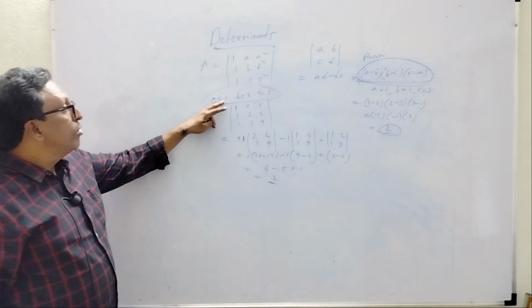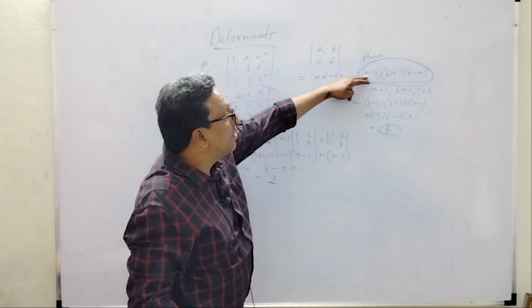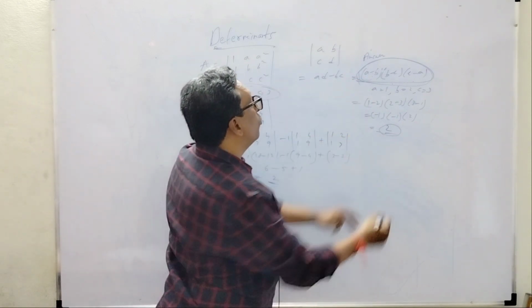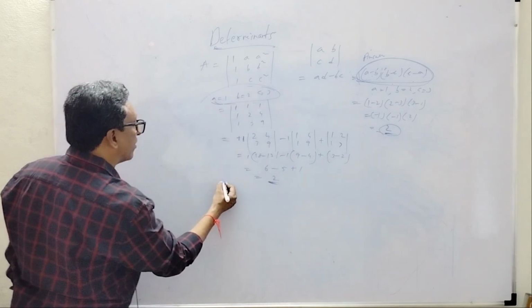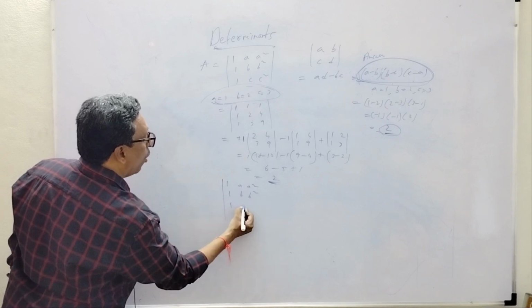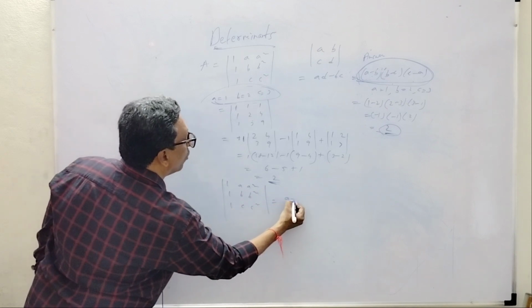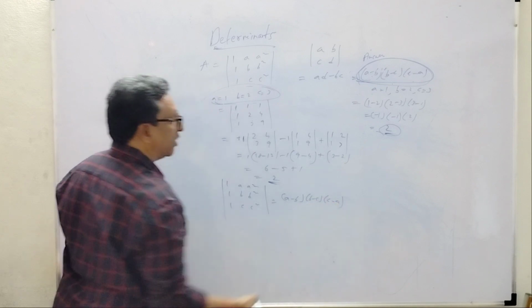In this also, we substitute the a, b, c values. After substituting, we get 2. So both results are the same. So the final answer is the determinant equals (a minus b)(b minus c)(c minus a).